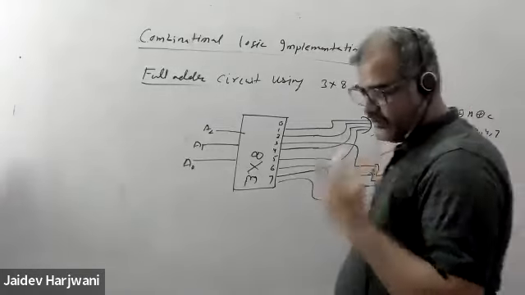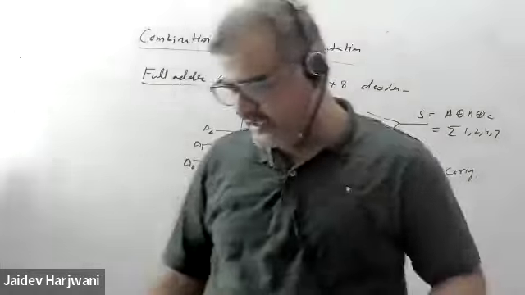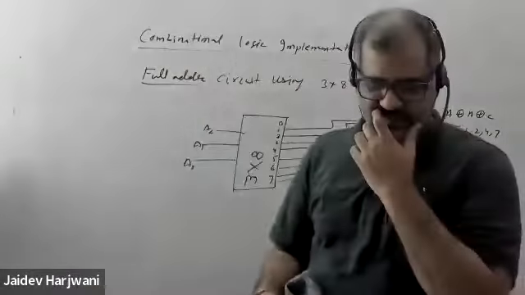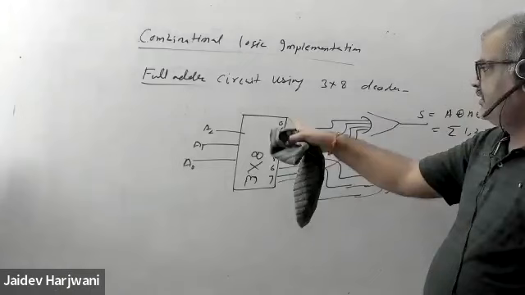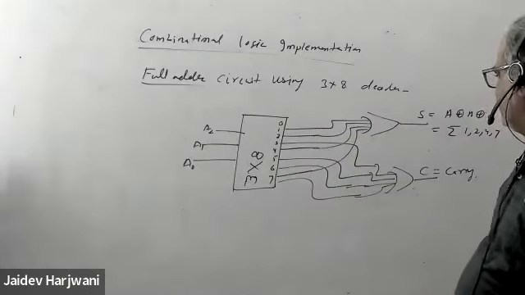Now depending on how many variables you have, that decoder you have to take. The internal circuit is what? They all are AND gates.